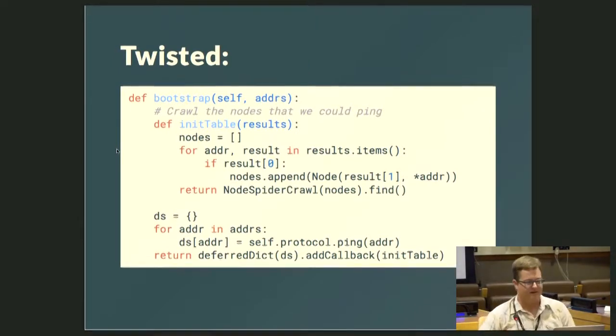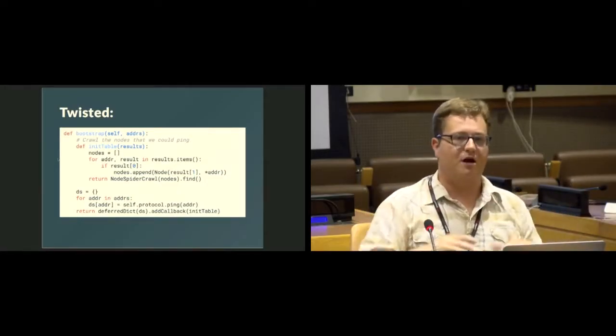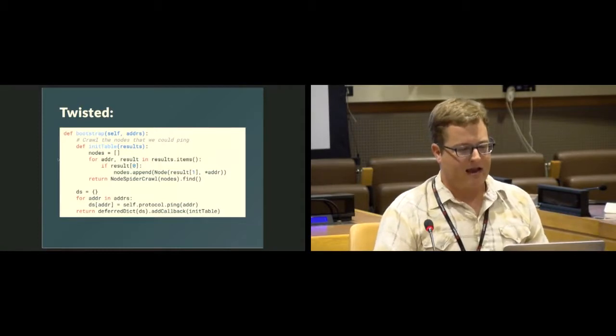So this is Twisted code, and maybe this is just my own crappy coding style, but I always end up with these defs inside of defs, and then I use those as callbacks, which is not pretty, and they could totally be methods. In this case, this is a bootstrap method, used to bootstrap a node on the DHT by giving it other nodes that you know about, and then it will contact all of them and ask them about their friends, and they'll tell you about their friends, and then you can sort of bootstrap your knowledge of the entire network.